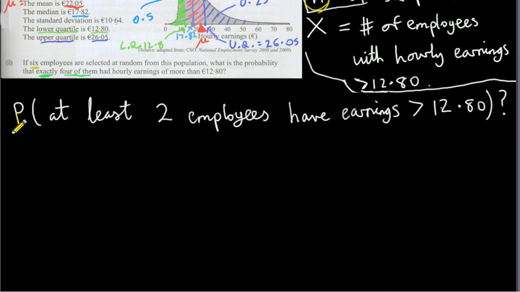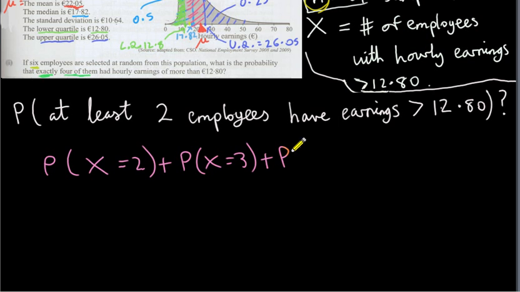Suppose we were given this question. Find the probability that at least 2 employees have earnings greater than 12.8. So X is the number of employees out of 6 that have earnings greater than 12.8. So this is probability X equals 2 plus probability X equals 3 plus probability X equals 4 plus probability X equals 5 plus the probability that X equals 6.